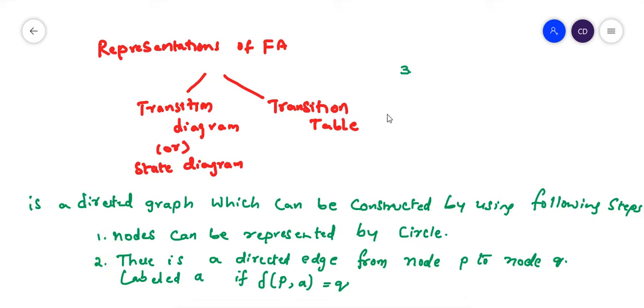And the third one, the start state, has an arrow.